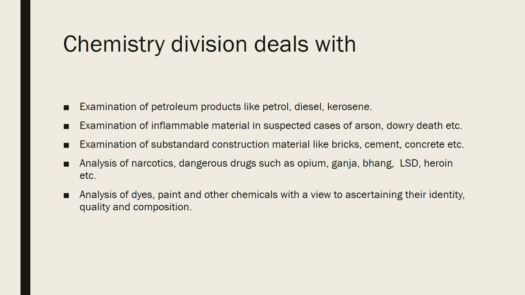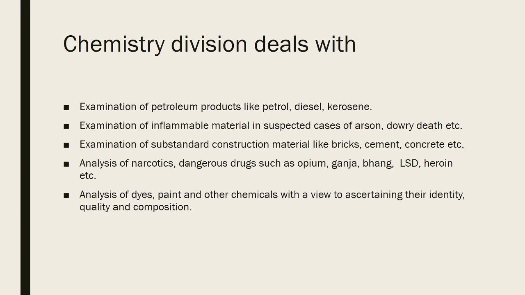They have to check whether any adulteration is there, such as lead added in petrol, diesel or kerosene. In a suicide, burning case or dowry death case, they have to identify which accelerant was used, whether petrol, kerosene or diesel. Then there is examination of inflammable material in suspected cases of arson, dowry death, etc.